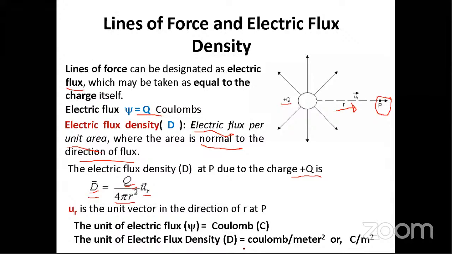In case of electric flux density, the unit is Coulomb per meter square, because Q is in Coulomb and area is in meter square.